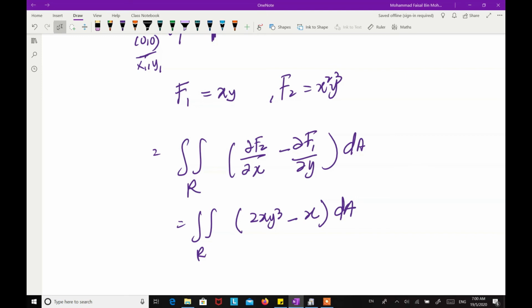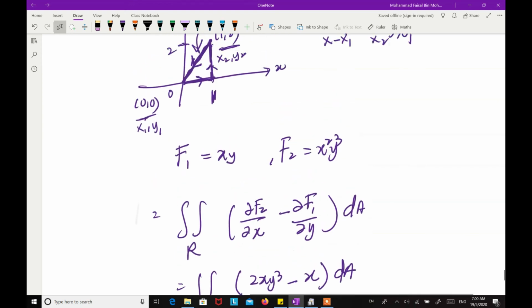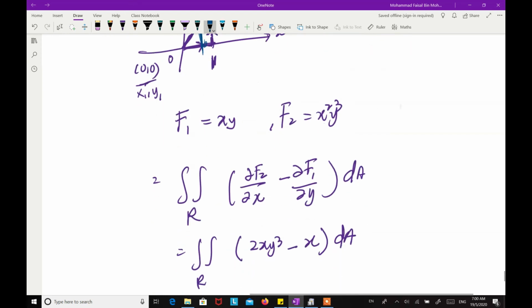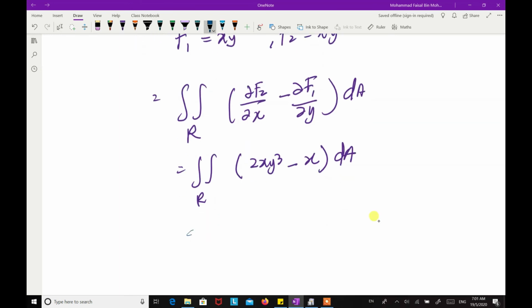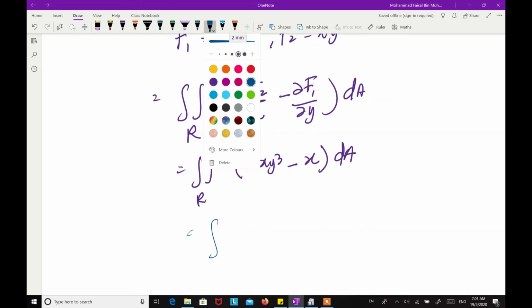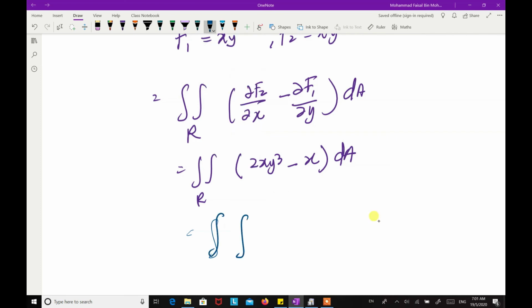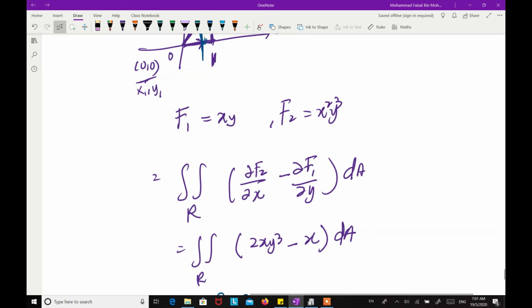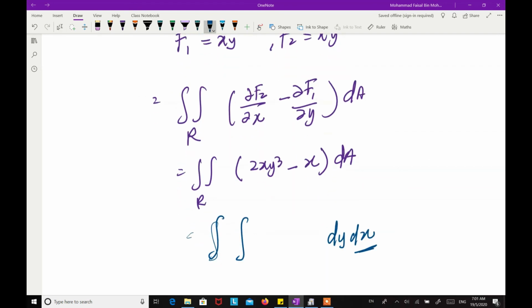Let's say I use type 1. I use a different color. I choose a point here and draw a line to here. So the double integral, type 1, will be dy dx, cut at x, so dy then dx, and the x part must be a constant, the last part.